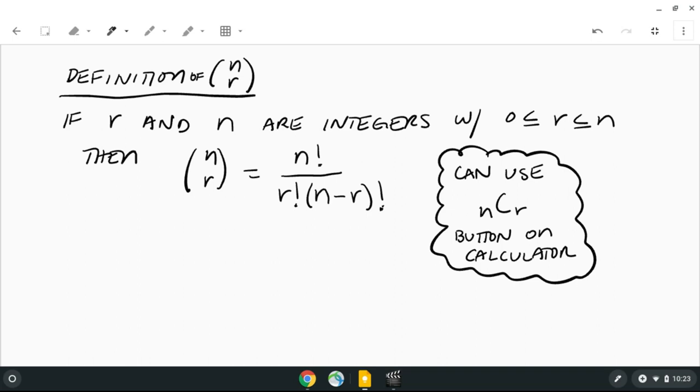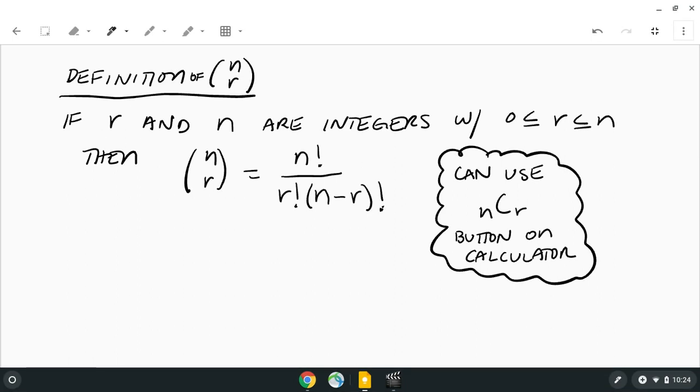If you have a scientific calculator, it's easy to find. I don't think many phone calculators, even if you turn it sideways, will have it. I don't have it. But on a regular scientific calculator, it's an actual button. Whereas on the graphing calculator, you have to go into one of the functions, the probability function, to find it. Okay, but they're there. So like I said, I included a video on how to find this button if you're using a graphing calculator. If you can't find it, you'll have to Google your type of calculator.